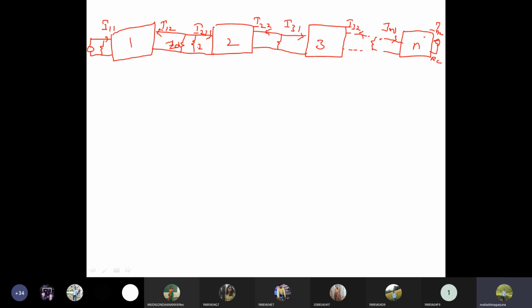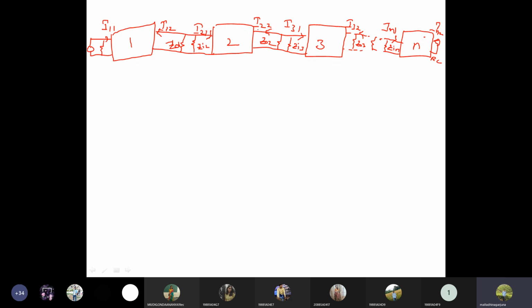This is ZI2, the input impedance of the second stage. So Z02 is the output impedance of the second stage, ZI3 is the input impedance of the third stage, and similarly Z03 and so on. Similarly one resistance ZIN. Okay, so two resistances are there. One is the output impedance of the first stage, and the second one is the input impedance of the second stage.